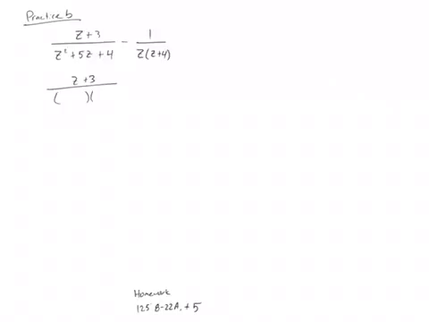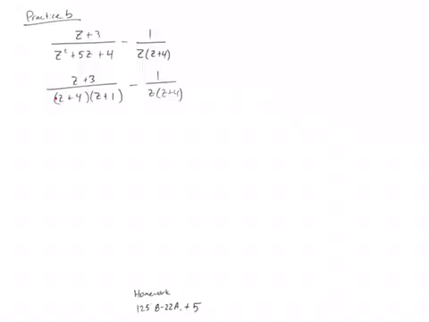My denominator is going to be, well, I'm going to have a z and a z. And I'm going to have both positives, because that last one's positive. I need to find factors of 4 that add up to 5, which I think will be 4 and 1. And minus 1 over z times z plus 4.